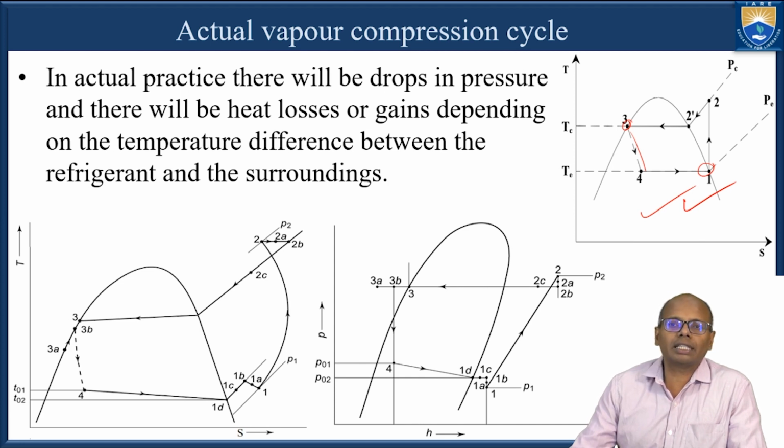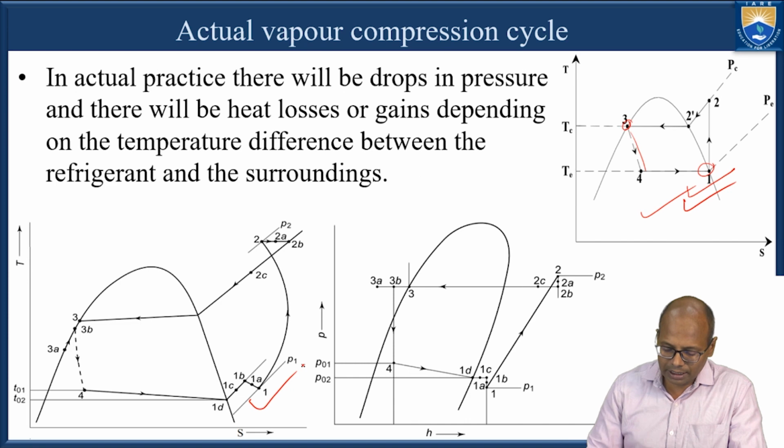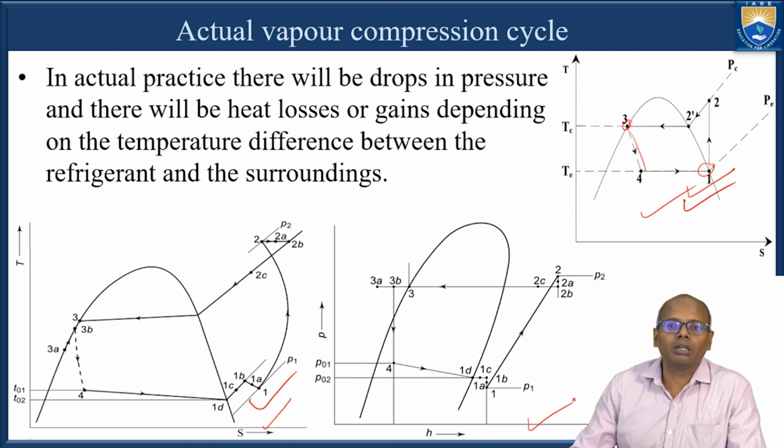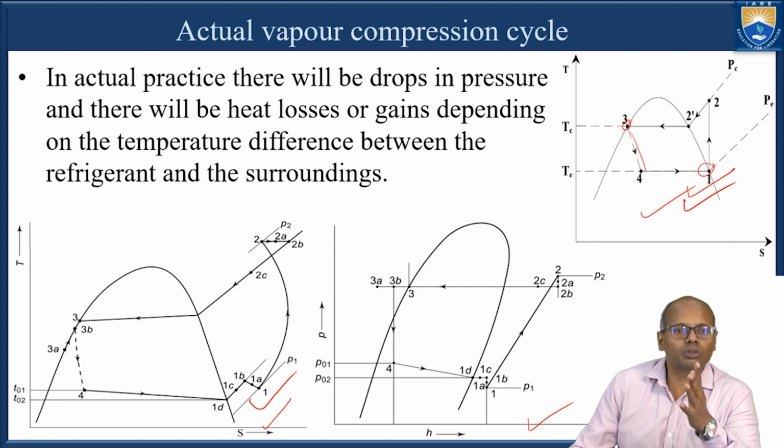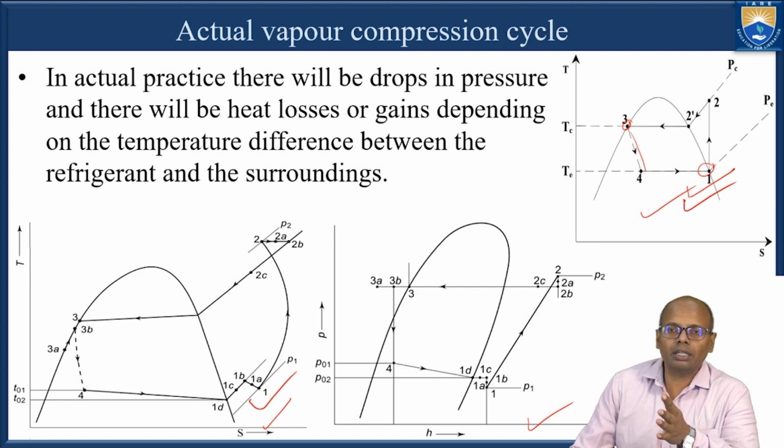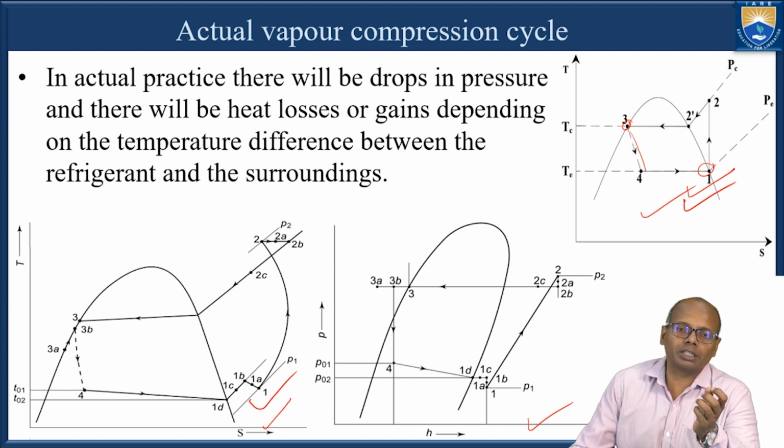Now, what are the different reasons why it is deviating from the ideal one to this actual one? So, this is the temperature versus entropy TS diagram, and this is pressure versus enthalpy pH diagram for the same actual vapor compression refrigeration cycle. Now, here why is it deviating? Because the fluid is flowing through pipes, so there will be some pressure drop because of friction and various other reasons.